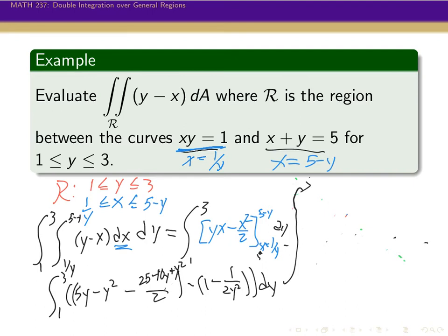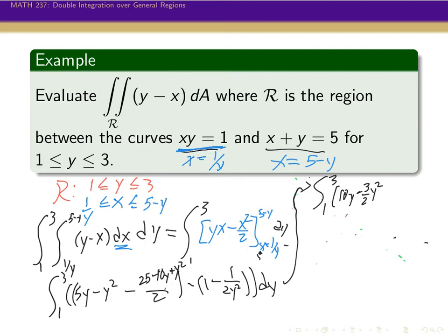Let's finish this up. From 1 to 3 of, I'm going to have 10y. Then I have minus y squared minus another y squared over 2, which is going to give me minus 3 over 2y squared.